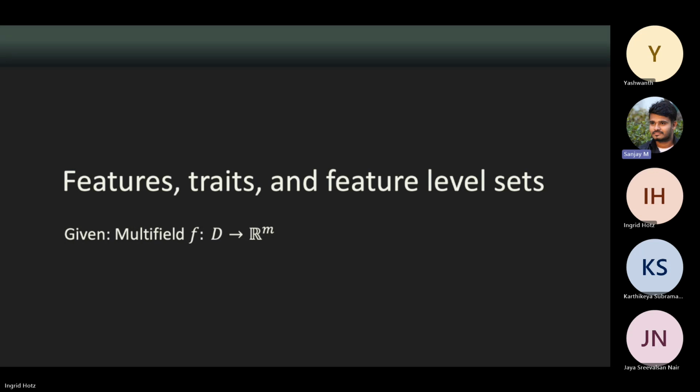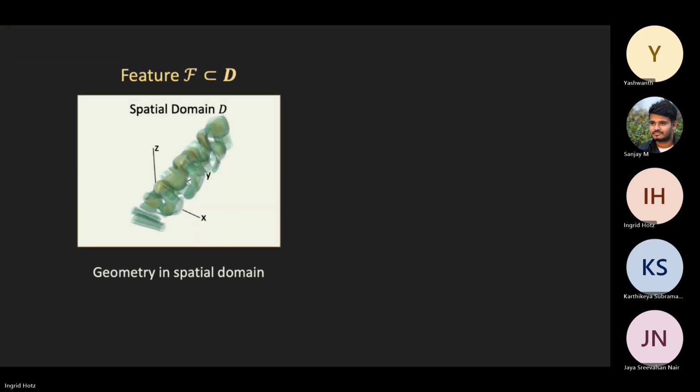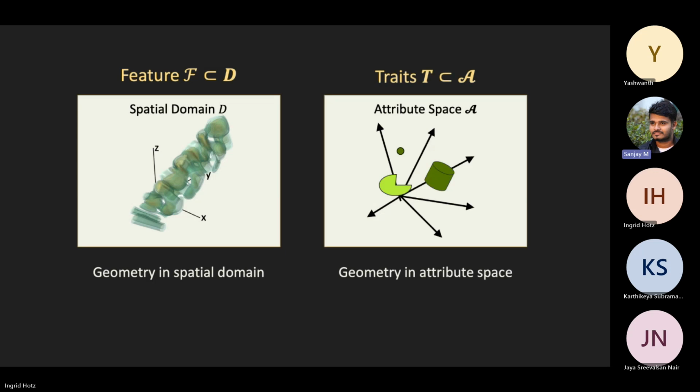Let's make it a little bit more formal. First I would like to define what we understand by the term feature. A feature is something that is widely used in different contexts, often meaning something interesting. For us, it should also be something interesting, but we consider it as a part of the domain. And something that is part of the attribute space, we call a trait.